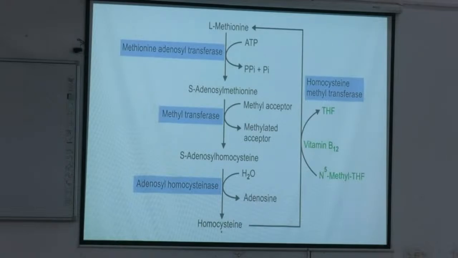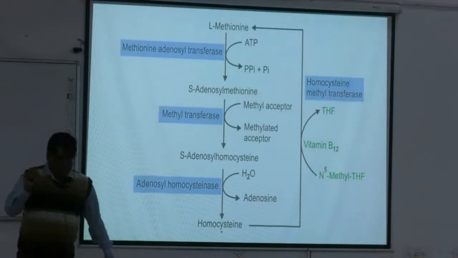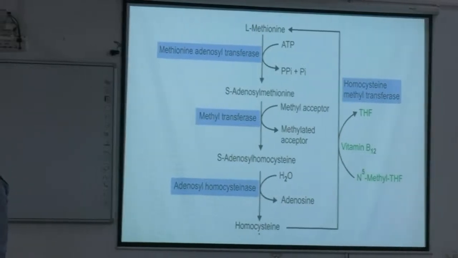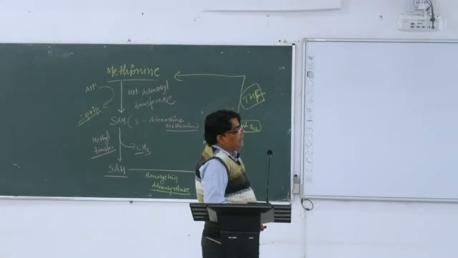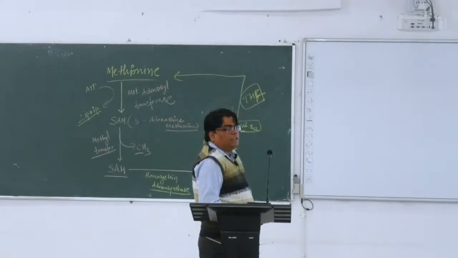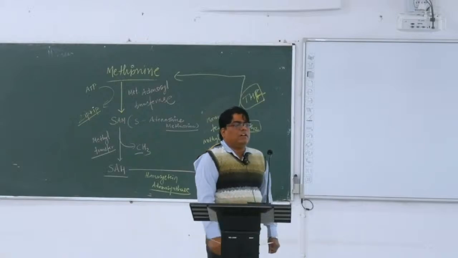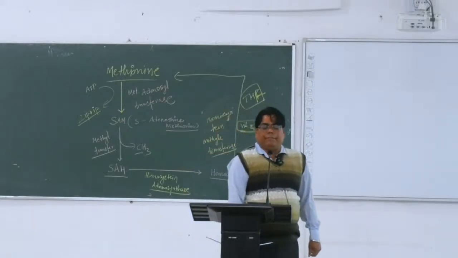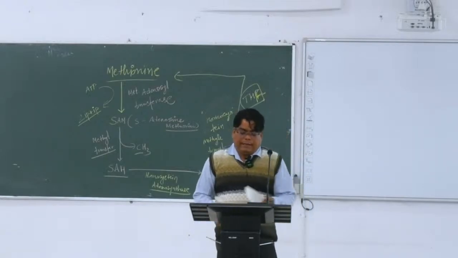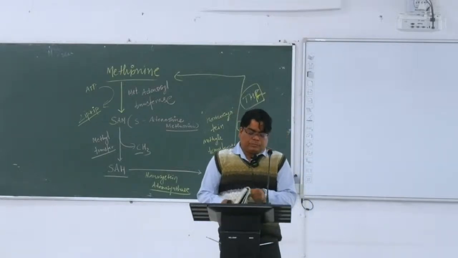Okay, so there is one major question that comes in the exam: folate trap. If there is a deficiency of this enzyme, N5-methyl tetrahydrofolate is not forming tetrahydrofolate. So this condition is referred to as folate trap.